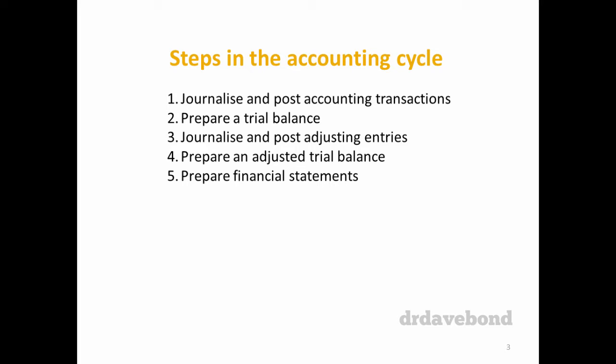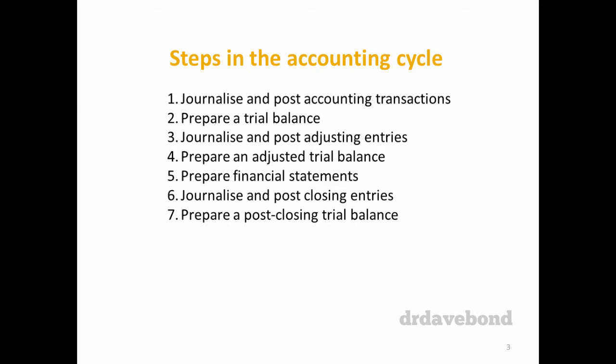It's just slightly different numbers. So the process in that bit is the same, and that bit we're comfortable with. The final bit is the closing entries, why we do them and what they actually are. So that's where we're going. We're not specifically going to do the closing trial balance, but that is an important part of it as well. So we did 1 and 2 last class, and we're going to do the rest today.